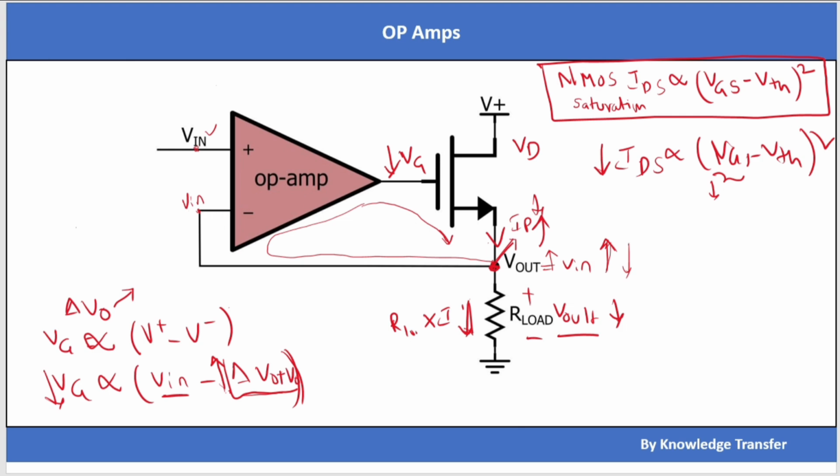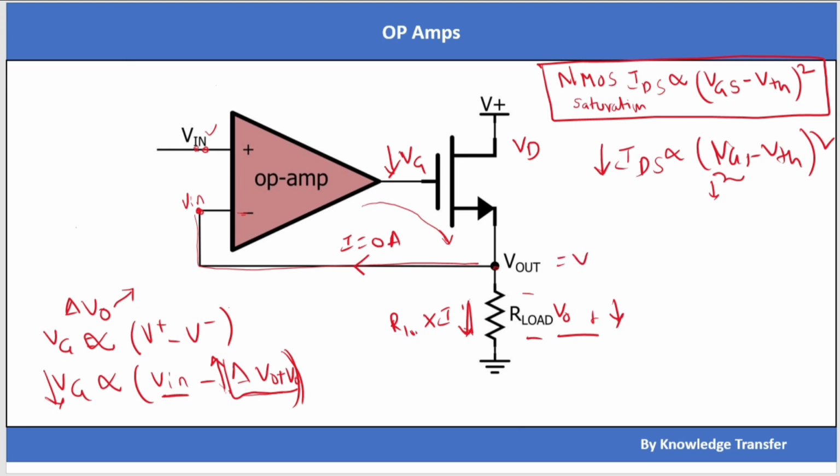So in a negative feedback system, the non-inverting terminal voltage and inverting terminal voltage will be the same, so V minus will be V in, and nothing is flowing, that means the current flowing through this terminal equals 0 ampere because of high input impedance.